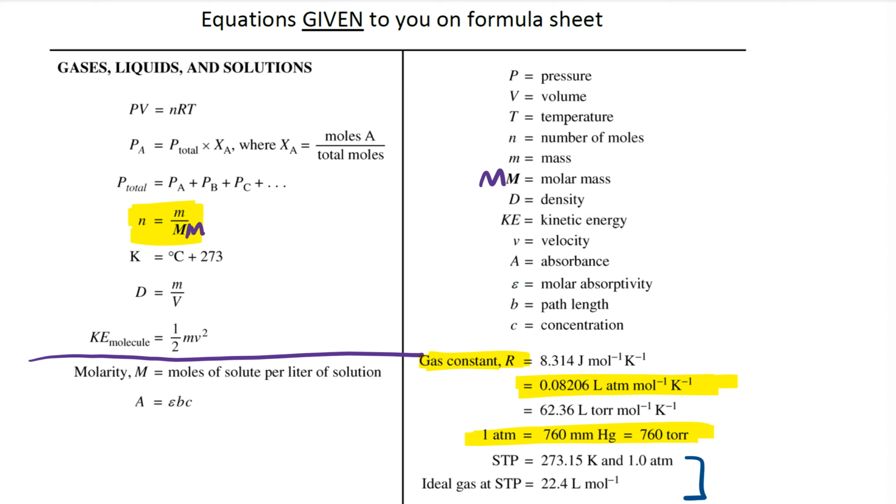So we know that density is equal to mass over volume, but a lot of times we're not given the mass of the particular gas in our sample. But what we do know is the ideal gas law, PV equals nRT, and we're able to derive a density equation and a molar mass equation just from the formulas provided here.